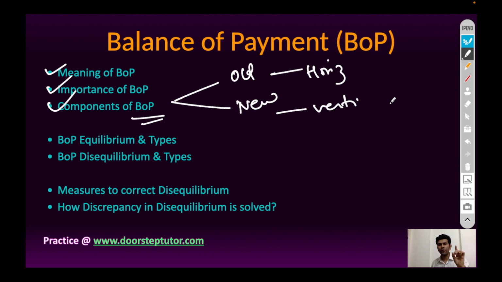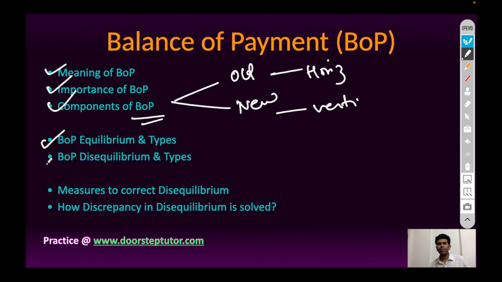Balance of current account includes export and import of goods, export and import of services, unilateral transfers, and income on investment received and paid. Capital account includes foreign investment or investment made in a foreign country, and lending and borrowing from or to a foreign country. Total will be called the balance of payment.